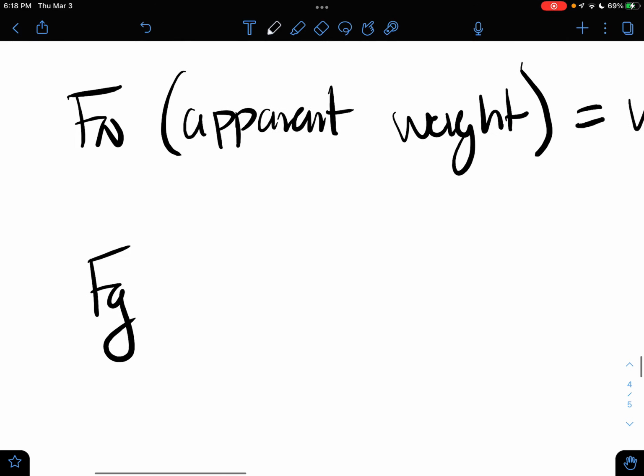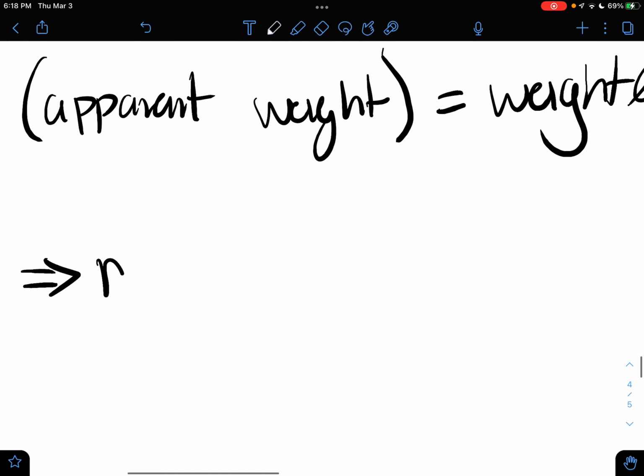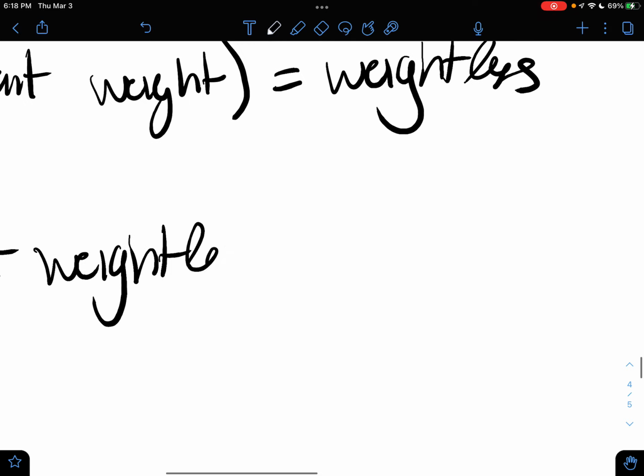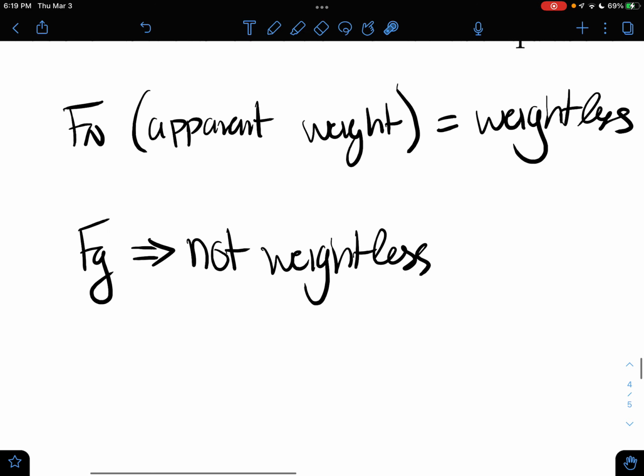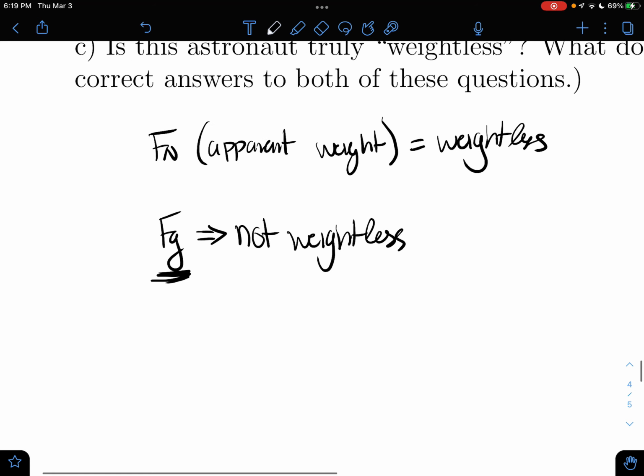But if it's this, then we're not weightless, because our weight will still exist at this point. It just won't look like it has an effect. So really, our weight is our force from gravity. That's the answer that I'm picking, and that's how I'm going to refer to it from here on out.